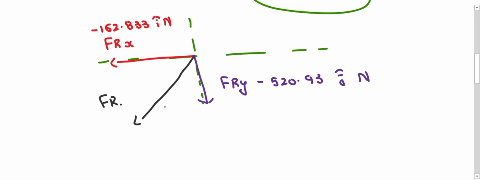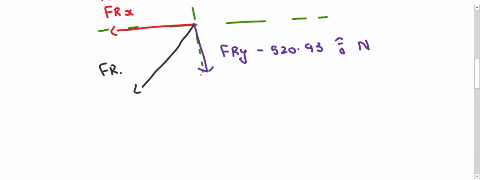We are going to find its direction, or the angle of the resultant vector measured from the positive x-axis. The formula for calculating the angle of the resultant vector measured from the x-axis, not the positive x-axis but the x-axis, is tangent theta equal to Fy upon Fx.